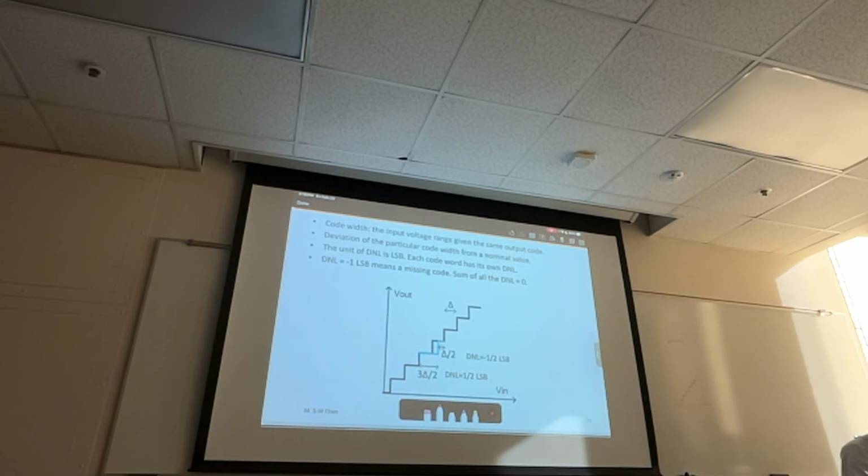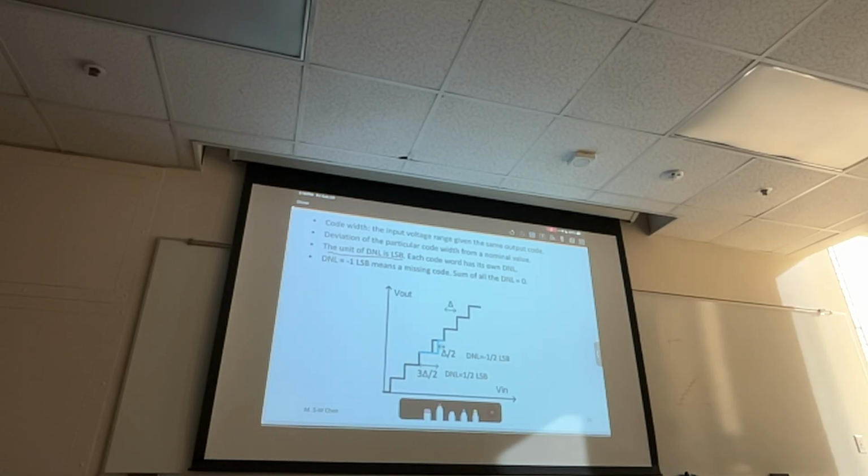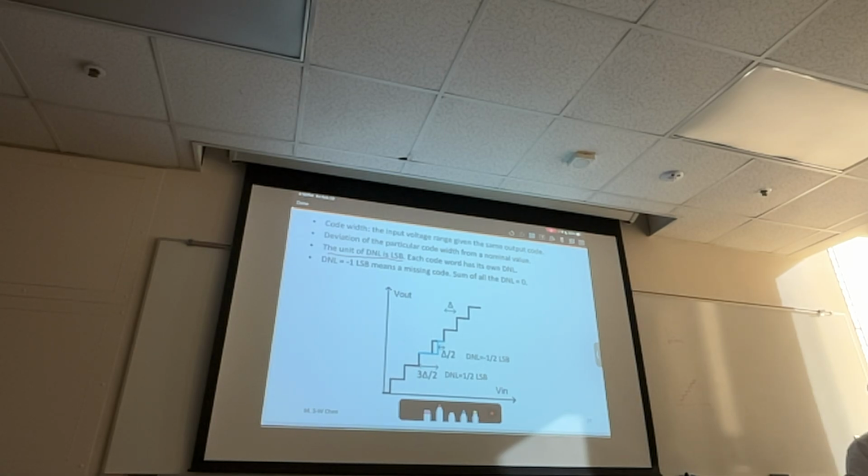All right, so an important thing to know about this is that the unit of the DNL is always 1 delta. It's normalized. So you don't go and say that, oh, by the way, the DNL of this ADC for this code is 2 millivolts. You don't say that. You always refer to it normalized to that 1 LSB.